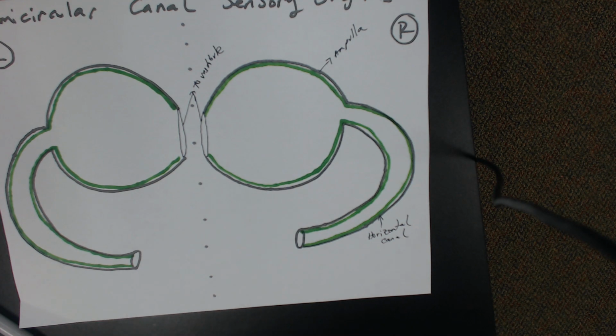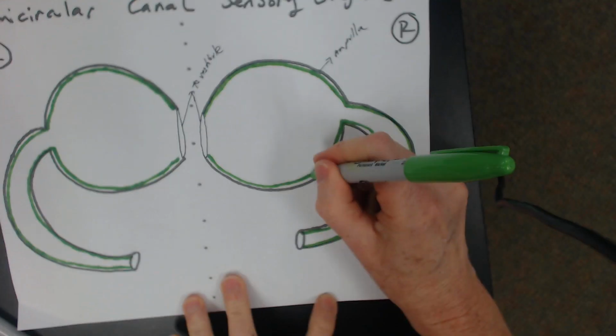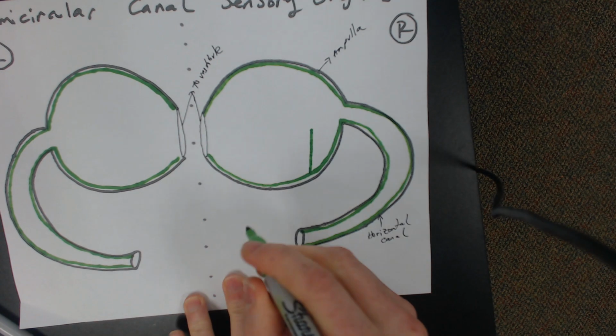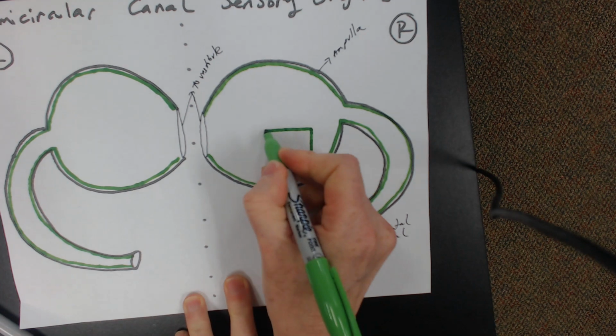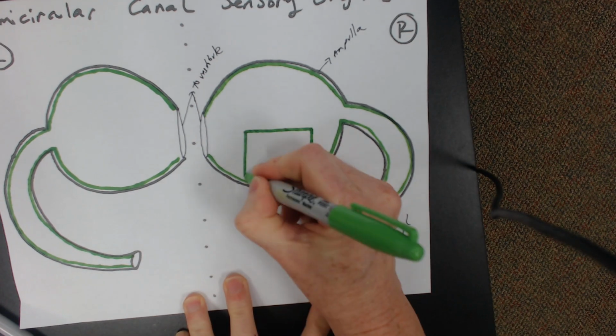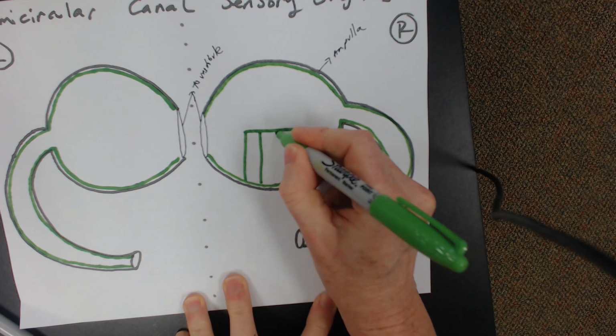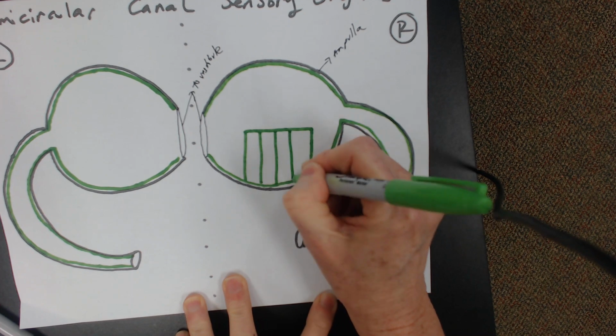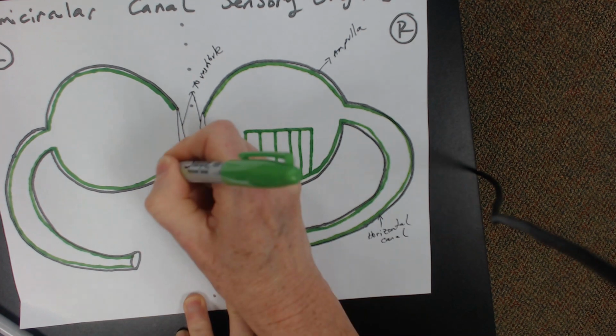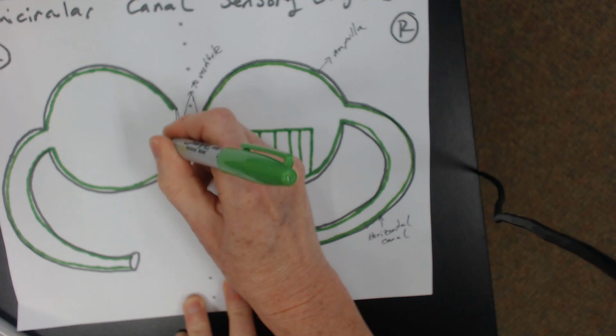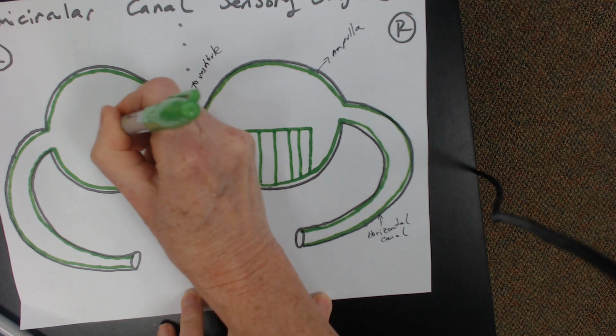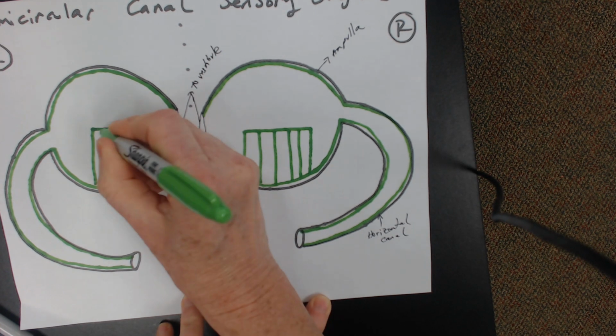Now, inside this ampulla, I've said over and over, this is where the sensory organ is located. The sensory organ looks similar in that you have hair cells sticking up on both sides.